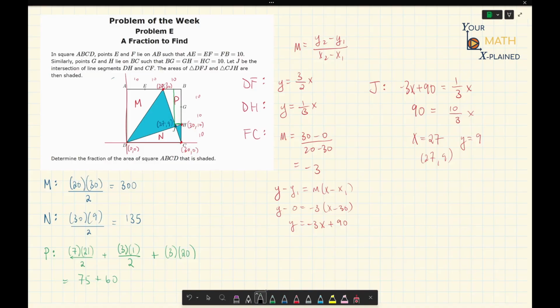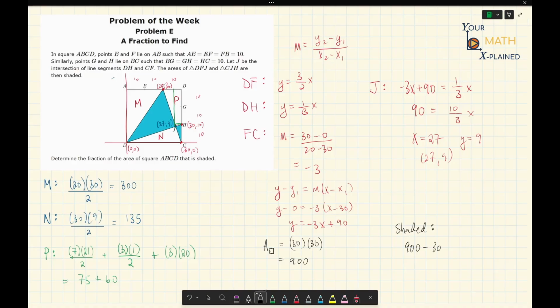Great. Now we need to take M, N, and P and subtract that all from the area of the square. So the area of the square, because it's a 30 by 30, that'll give us 900. And so our shaded region is going to be 900 minus the ones that we've calculated.